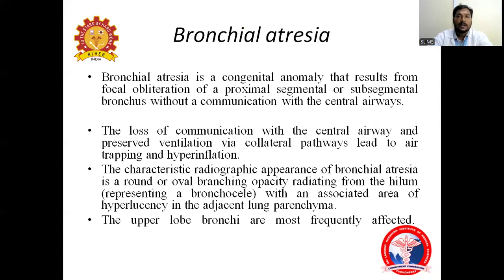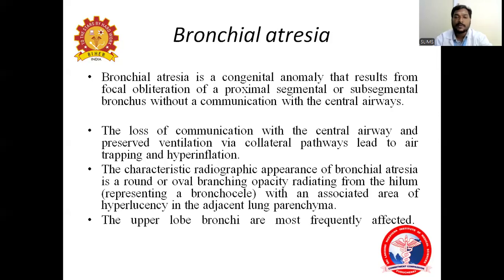Coming to bronchial atresia. Bronchial atresia is a congenital anomaly that results from focal obliteration of a proximal segmental or subsegmental bronchus without communication with the central airway.